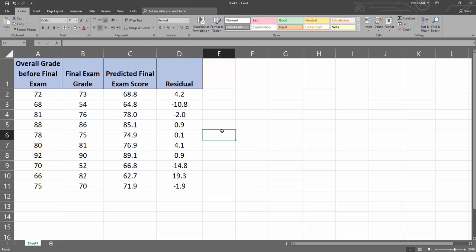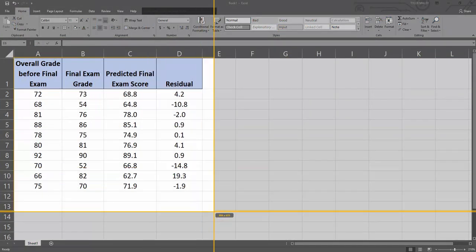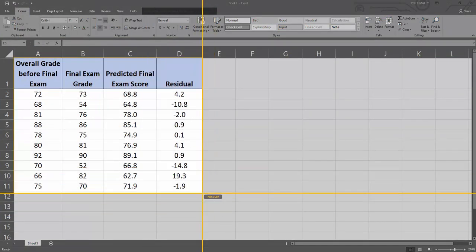So parts A and B are just doing that: using the linear trend line and rounding to the nearest tenth, and then finding the residuals. You could do this by hand, or we have this done in Excel. I'm just going to take a screenshot of this table and throw it into OneNote.